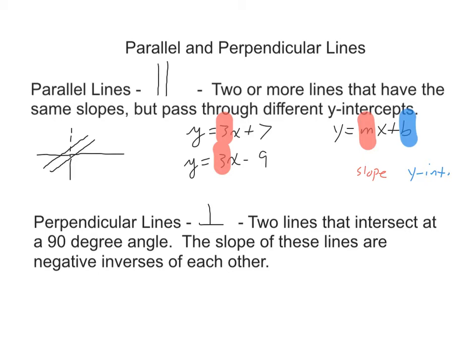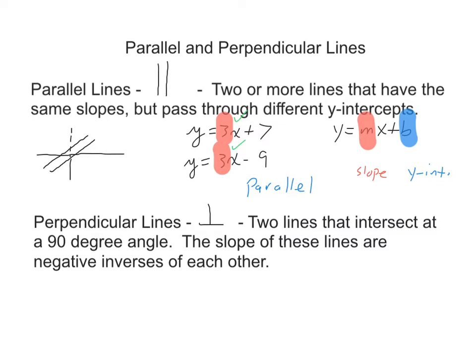Same slope means that they are parallel lines. All it would take for them to not be parallel anymore is for me to change either slope. It doesn't have to be both, but either of those slopes to be changed.